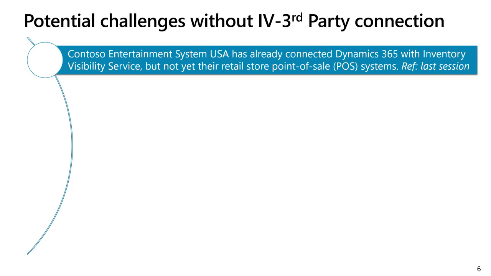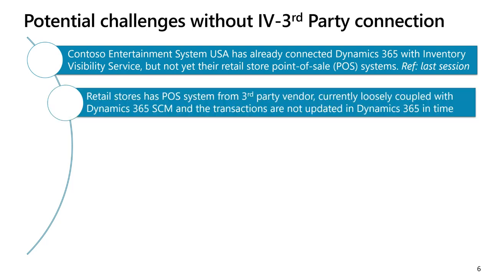Taking a fictional company, Contoso Entertainment System USA, as an example. From our last session, we've already introduced how to connect inventory visibility service with Dynamics 365 SCM's data. But since Contoso operates across other systems, for example, point of sale systems, the point of sale is not connected yet.